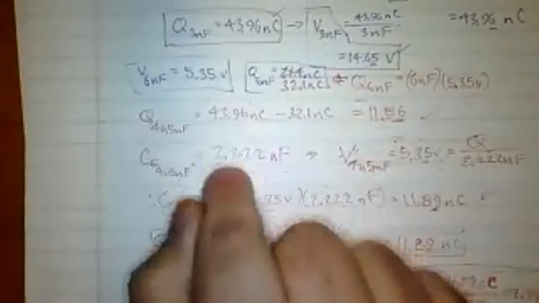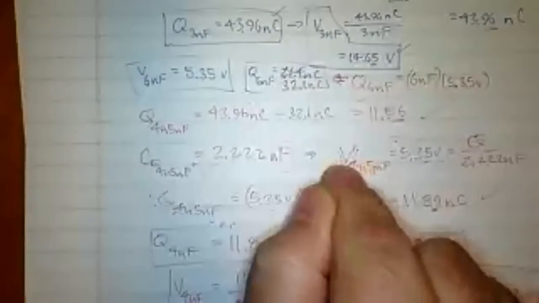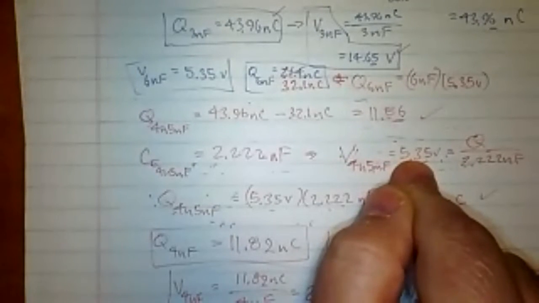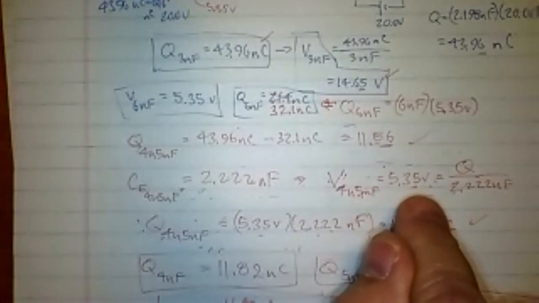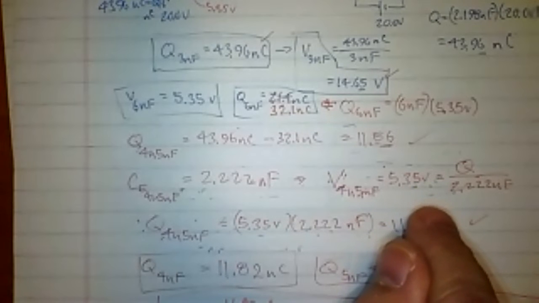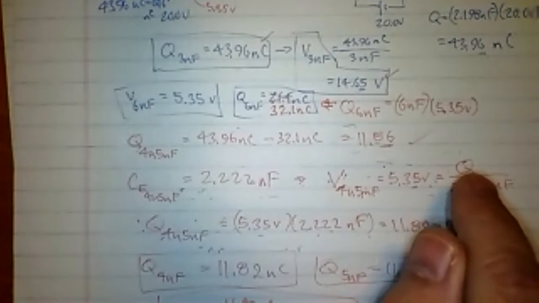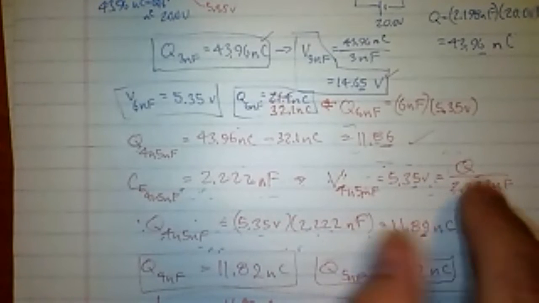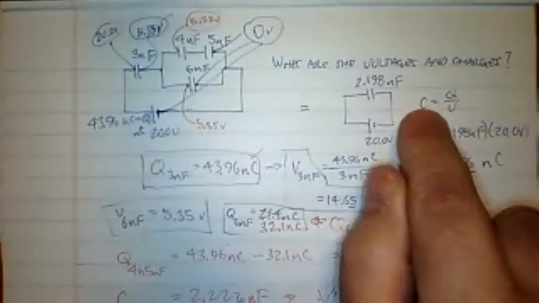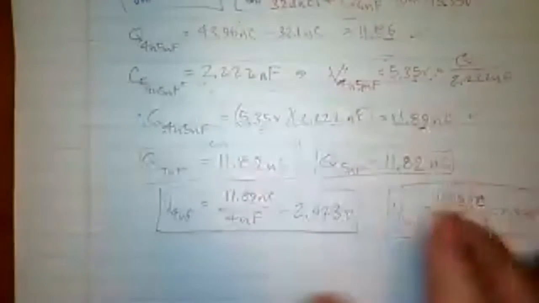So the equivalent capacitance was 2.22. The voltage had to be 5.35 across the equivalent of the two. So the actual charge would be found by taking the 5.35 volts and multiplying it by the capacitance, which is 2.22.